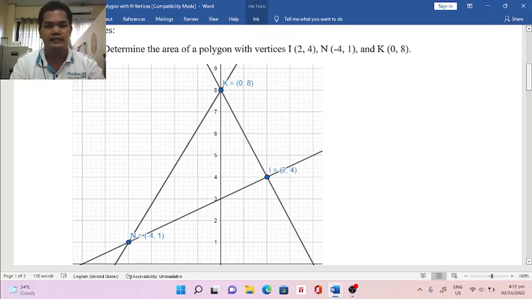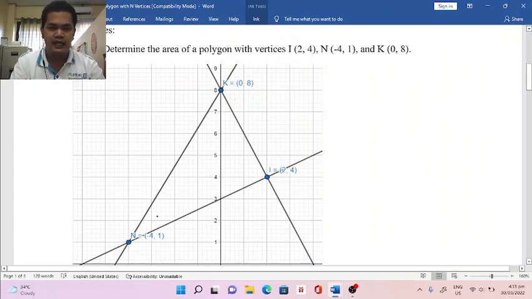So as you can see in this figure, these vertices are not arranged in counterclockwise direction. So we may take I, K, and N as our arrangement for the vertices.